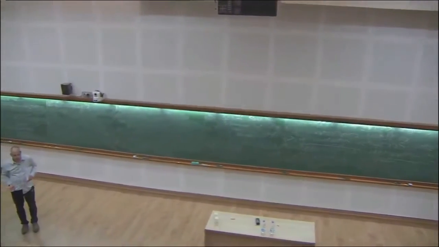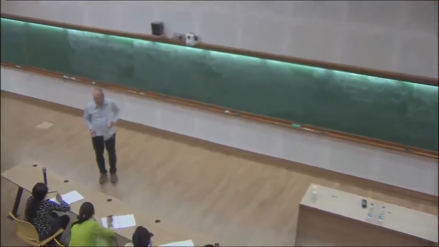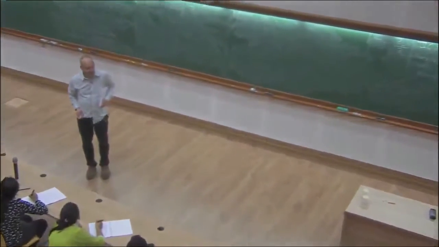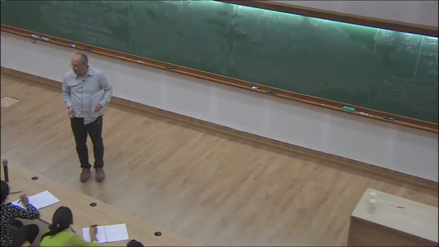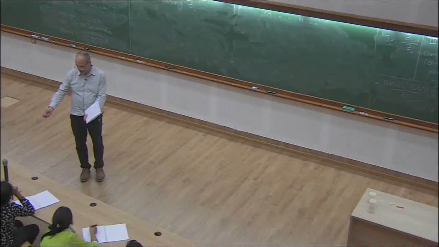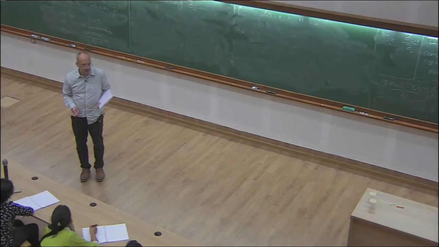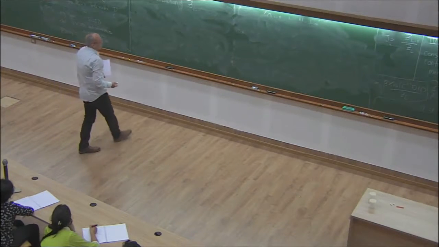I just calculate for L equals, well, let's make it easy, I start with L equals 0, and then L equals 1, and so on. And then I see the pattern. I guess the answer, and then I can prove the answer by whatever means I choose, usually by induction. So let me just show you what happens.